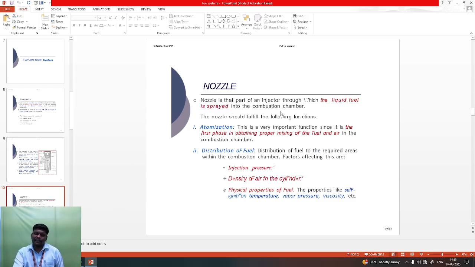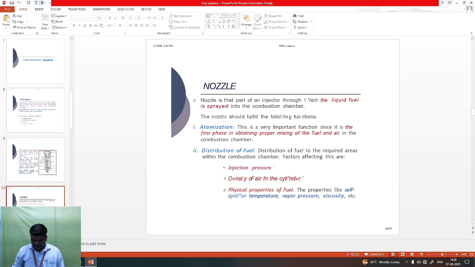Next is the nozzle. The nozzle is a part of the injector through which the liquid fuel is sprayed into the combustion chamber. Its main purpose is to pass the fuel from the tank to the injection. The nozzle should fulfill the following functions: atomization and distribution of fuel.